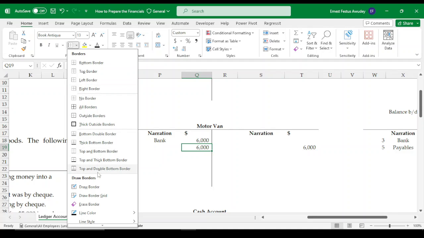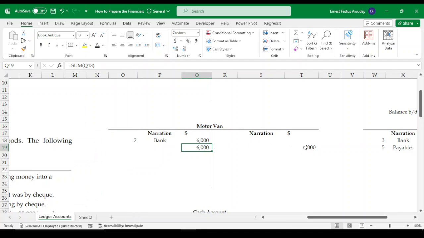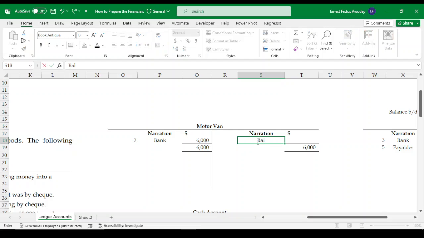So I'll just come here and select my top and bottom, select here and select that, and now I'm going to make the lower side equal to the 6,000 by inserting a balance called balance carried down, and I'm going to reference this total right there.